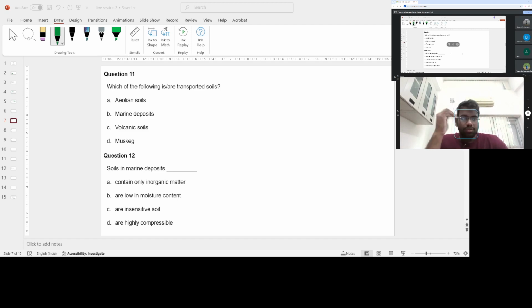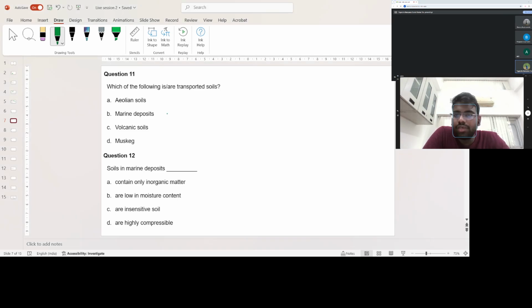The 11th question is, which of the following are transported soils? Now we can go by options. First, aeolian soils are due to wind, so these are obviously transported.